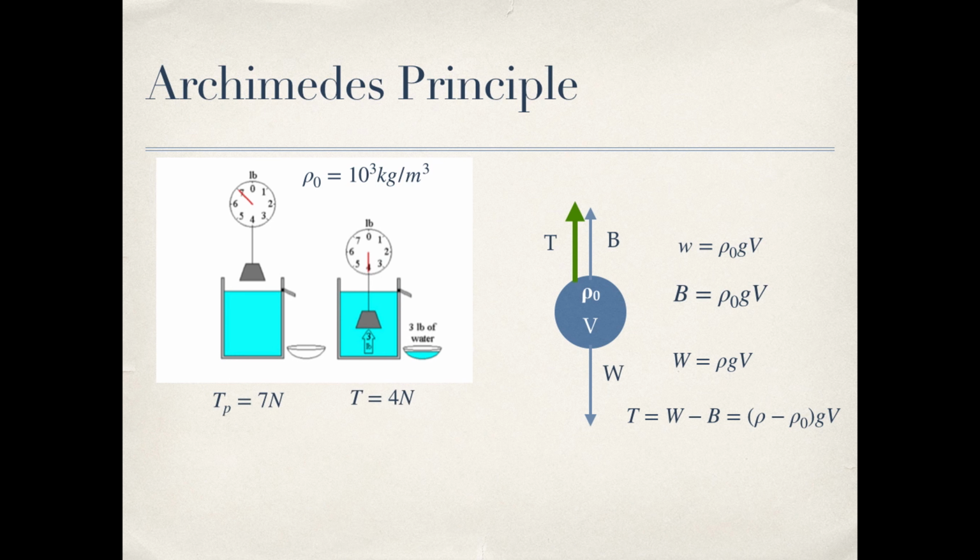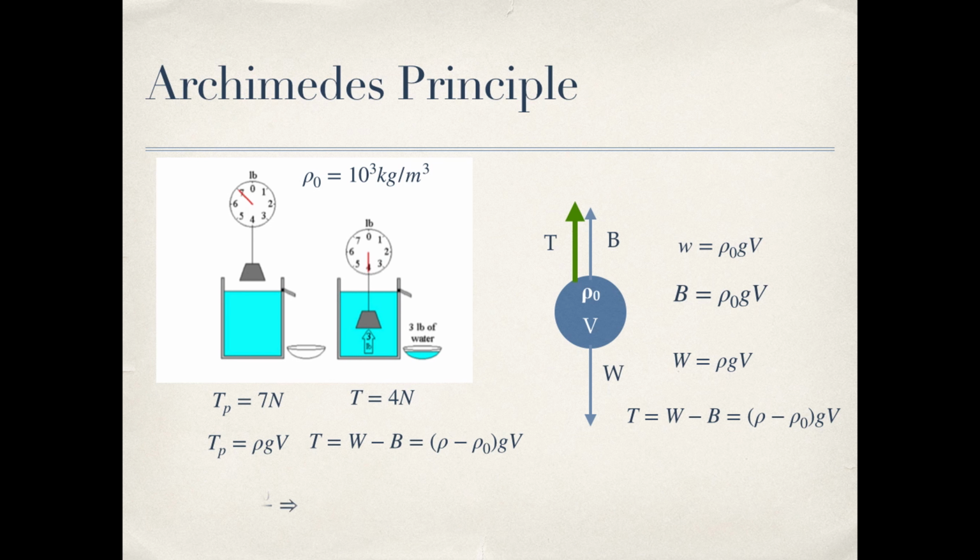All right. So let's do now the calculation. Let's solve the problem. What is the density of that weight in the experiment we have discussed? If the reading of the meter before we immerse the weight into the liquid was 7 newtons, and the reading after we immerse it is 4 newtons, then we can easily calculate the traction, and the traction is weight minus the buoyancy.